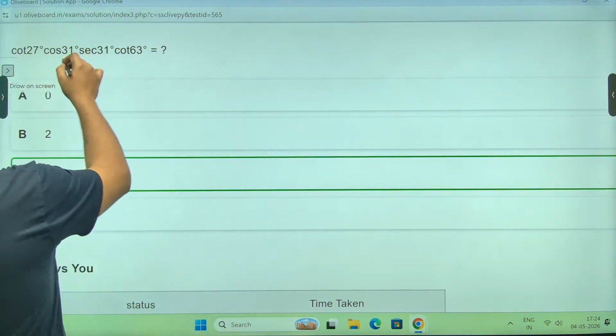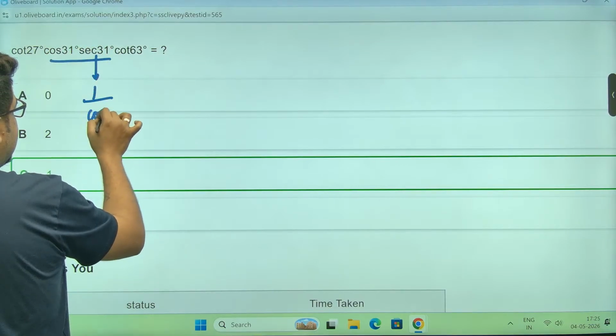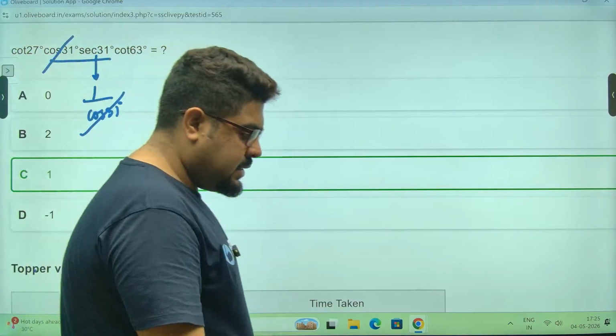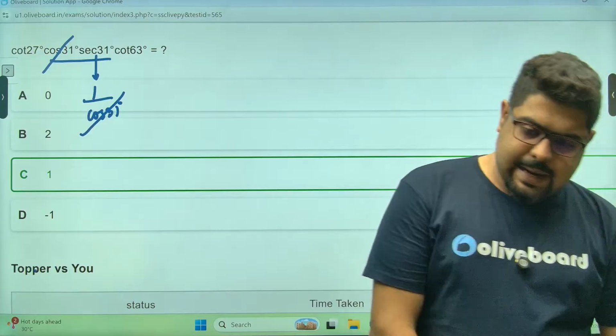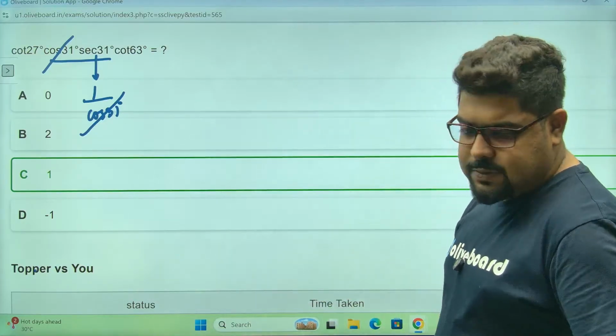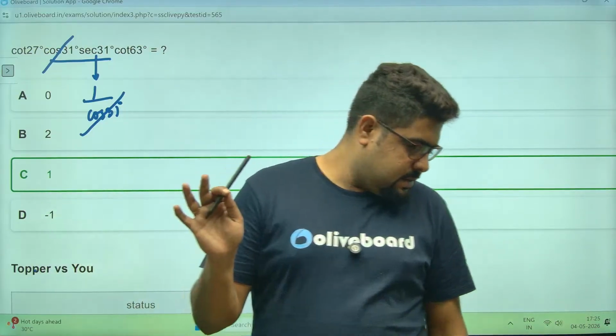Brother, you see cos theta into sec theta. Sec meaning 1 by cos. They are reciprocal. So this and this will cancel because it's multiplication. Right? They will cancel each other. This one. Acha. Perfect, everyone.